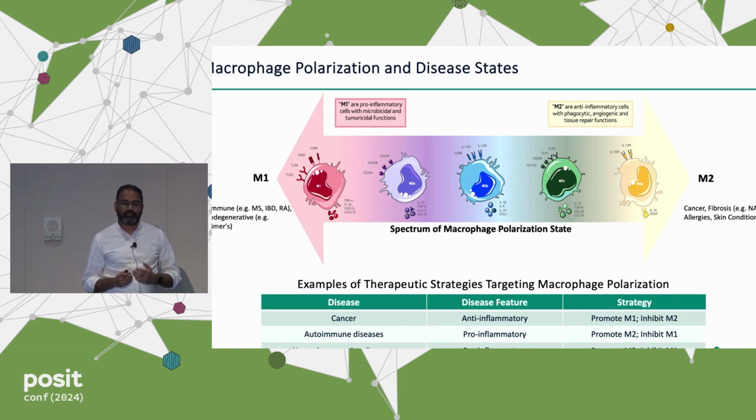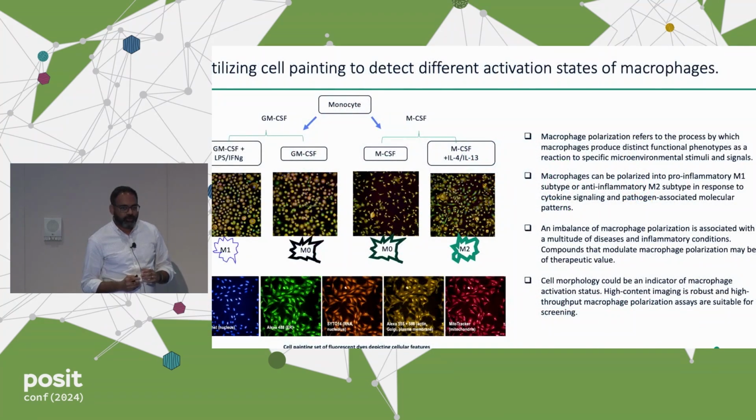And these can range from autoimmune diseases like MS, and including neurodegenerative diseases like Alzheimer's. And if they go the other way to M2, they can cause cancer. So we want to find a way to control these macrophages, because if we can modulate these macrophages, then we might be able to help cure disease.